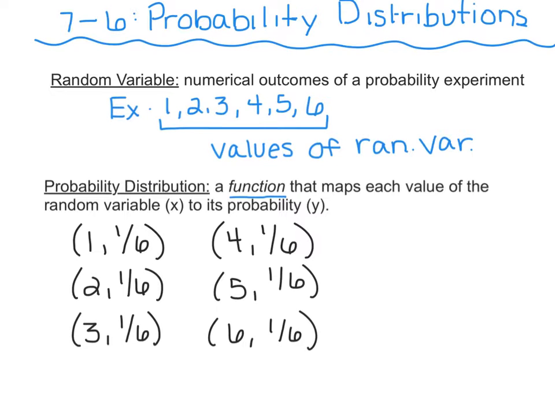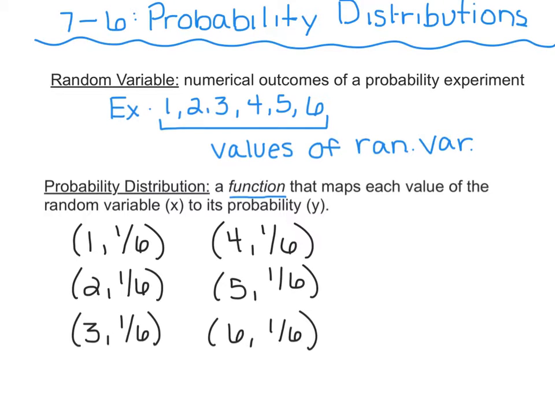Now a couple of things to keep in mind here that you should notice right away: your x's always have to be mutually exclusive. You can't have any overlap. You're not working with intersections or anything like that. These are distinct outcomes. That's the only way you can make them a random variable, if you have separate distinct outcomes.